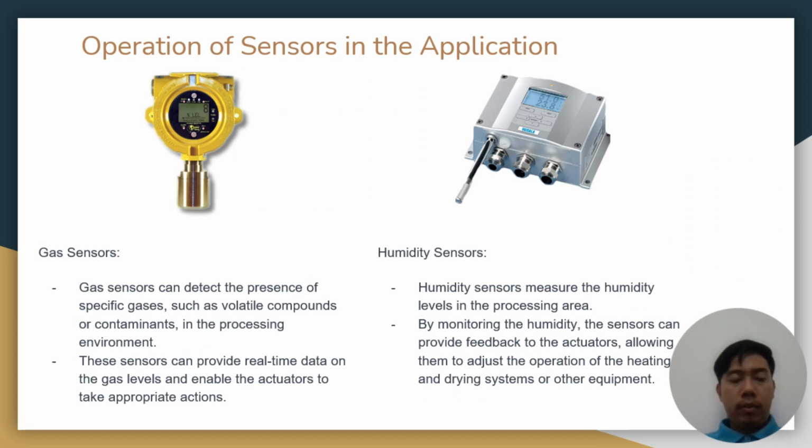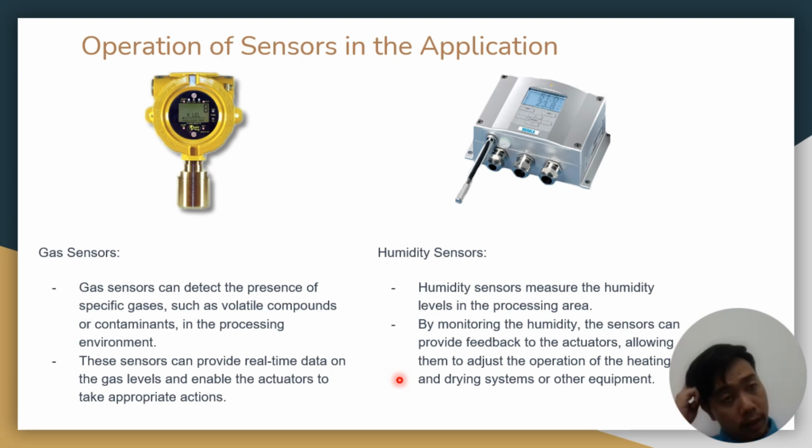Now we move to the next sensor, the gas sensor. The gas sensor can detect the presence of specific gases, such as volatile compounds or contaminants in the process environment. This sensor can provide real-time data on the gas level and enable the actuator to take appropriate action.